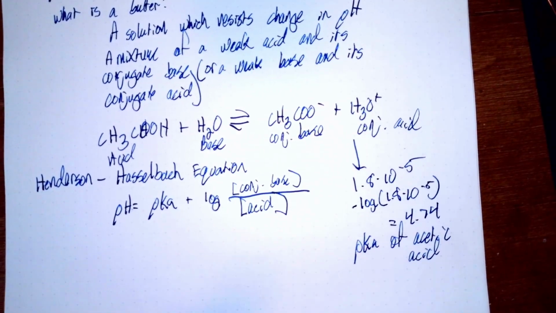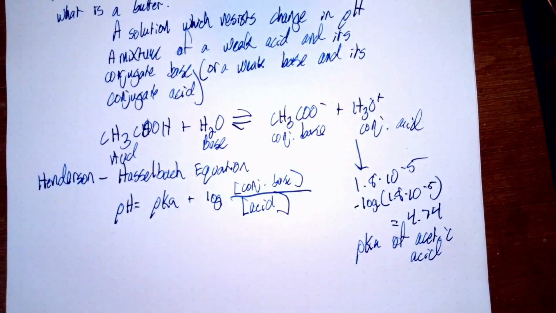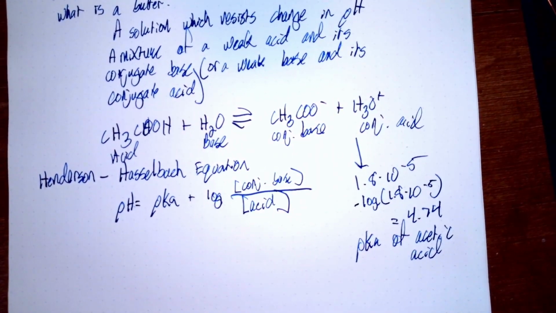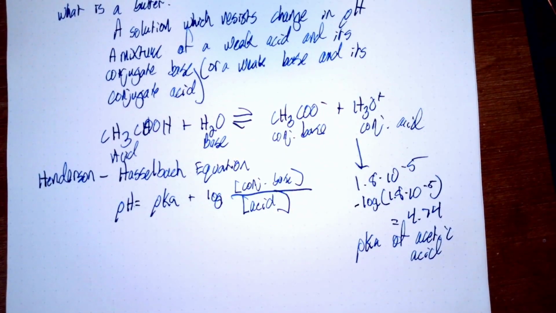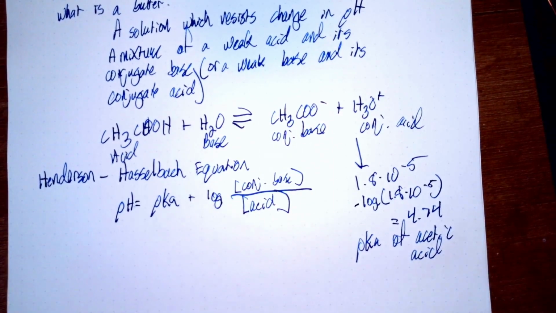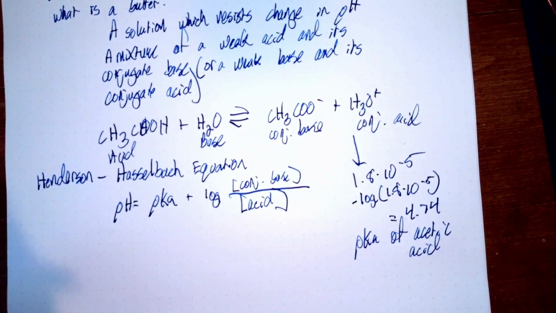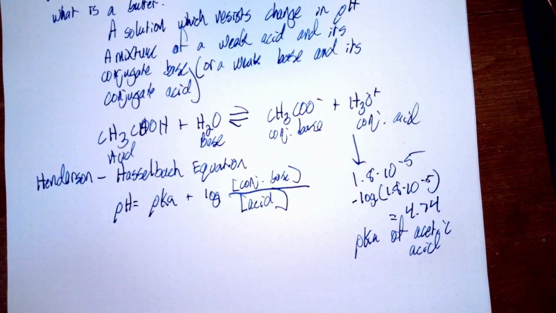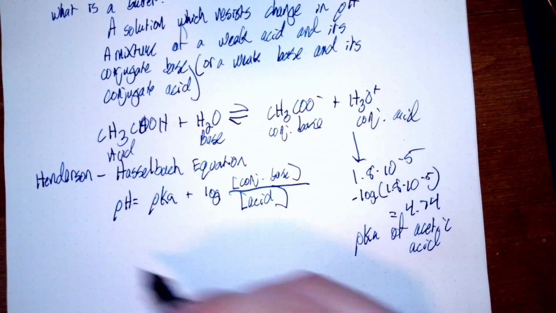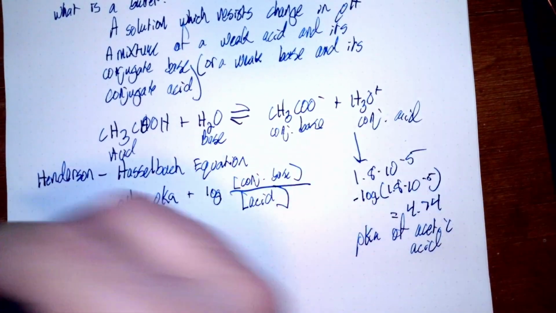Now, let me emphasize this. pKa is substance dependent. All right? pKa is substance dependent. It will have to be provided to you in this class. I haven't taught you how to calculate Kas from information provided. But in any case, let's look at a couple different situations.